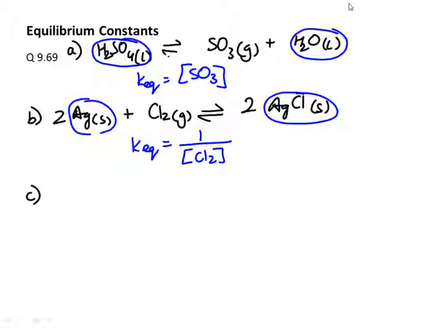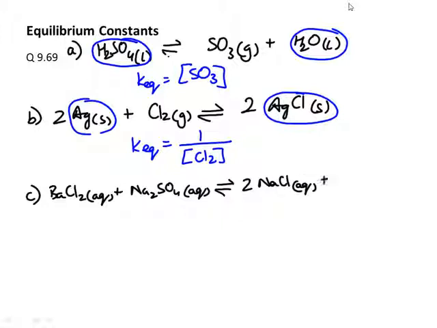C, barium chloride aqueous plus sodium sulfate aqueous produces 2 sodium chloride aqueous and barium sulfate aqueous.